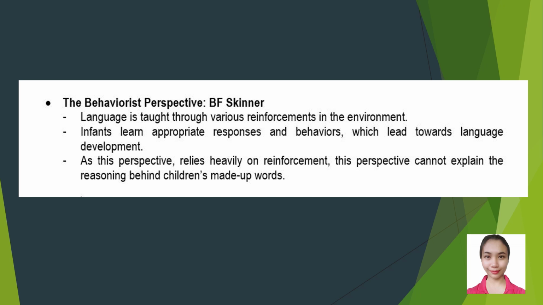This follows the four-term contingency that Skinner believed was the basis of language development: motivating operations, discriminative stimuli, response, and reinforcing stimuli. Skinner also suggested that children learn language through imitation of others, prompting, and shaping. When we say shaping, this is a method of positive reinforcement of behavior patterns in operant conditioning.